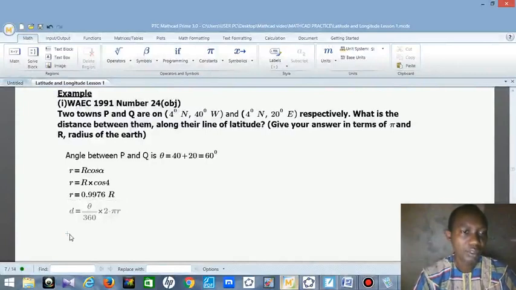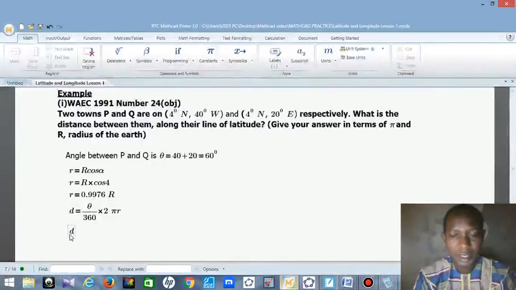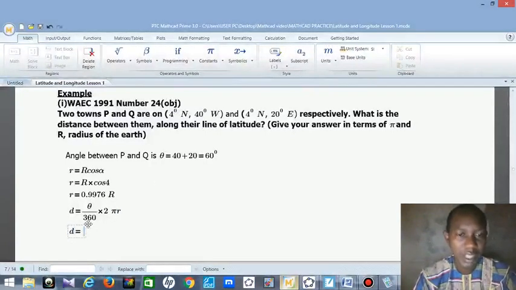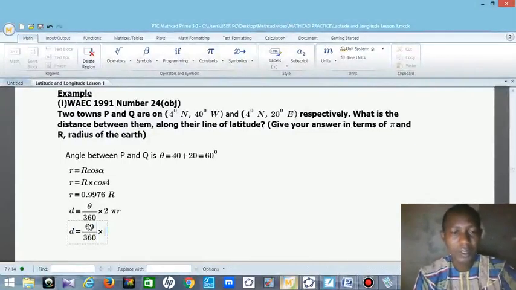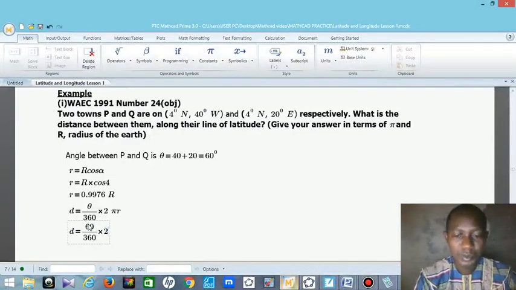When you substitute into this formula, d is going to be equal to, theta is 60 degrees, so you have 60 over 360 degrees times 2 pi. Remember the question says leave your answer in terms of pi, so don't substitute anything, don't use 22/7. Just leave it like that, 2 pi.